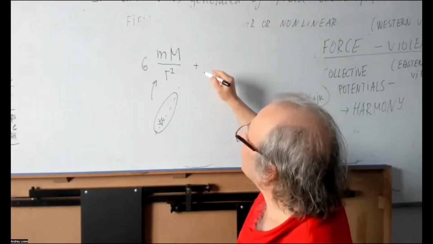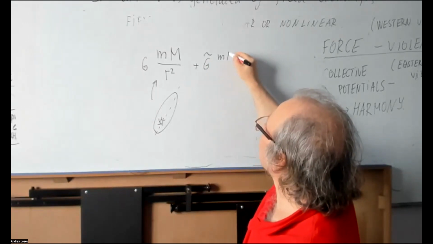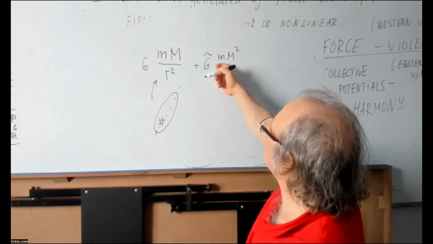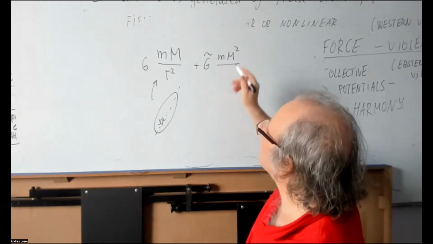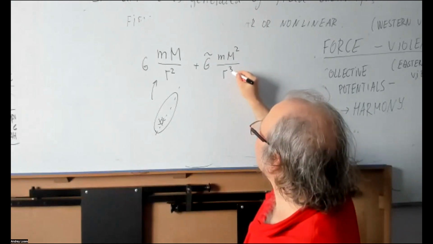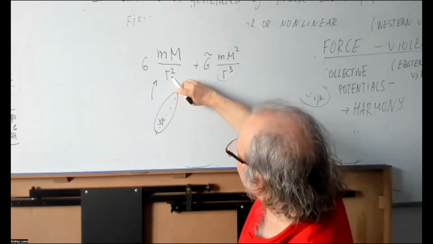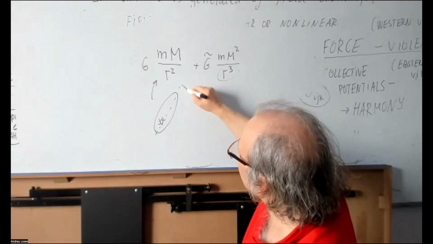But if you add an extra term, and it has to be like this by dimensional analysis, then because of this cube, the axis starts to rotate.